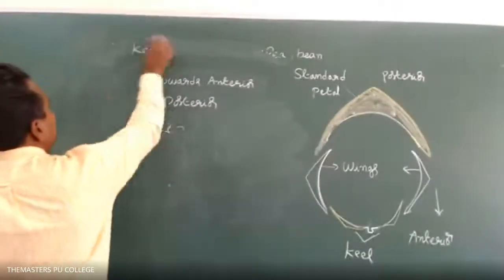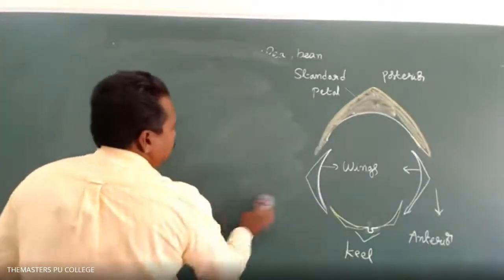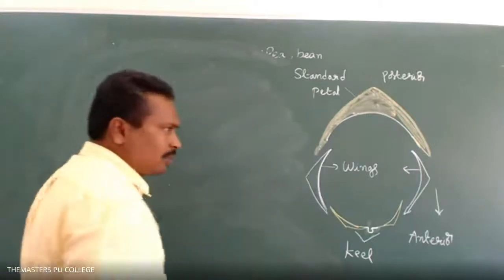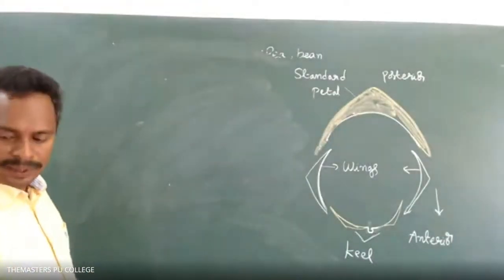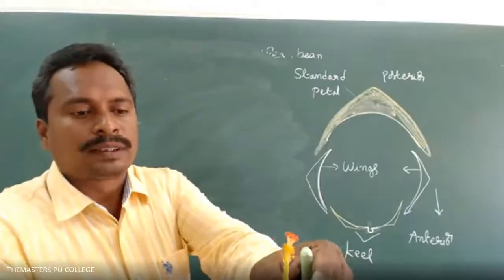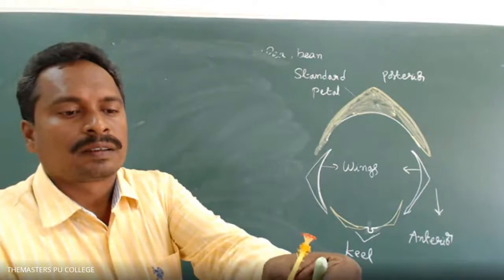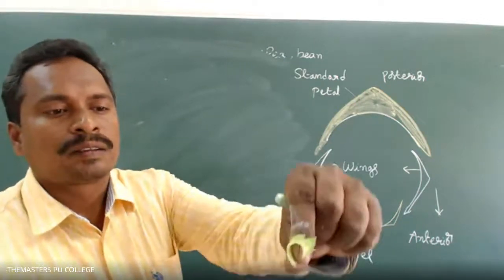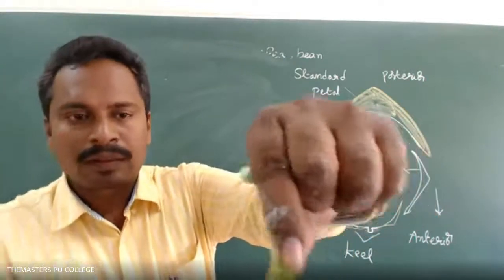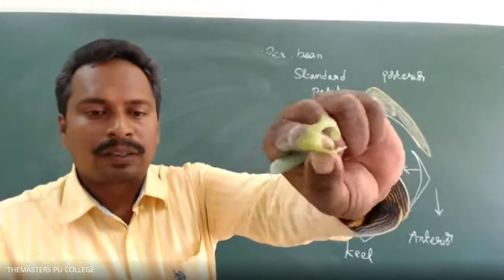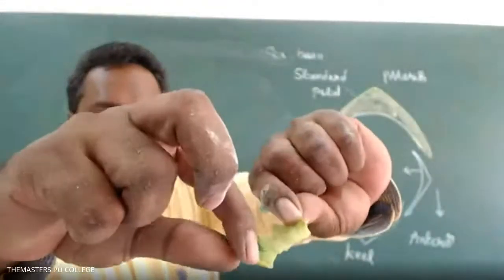Okay, next, the third whorl of the flower. What is the name of the third whorl of the flower? Androecium. Yes. The outermost whorl is generally the calyx.